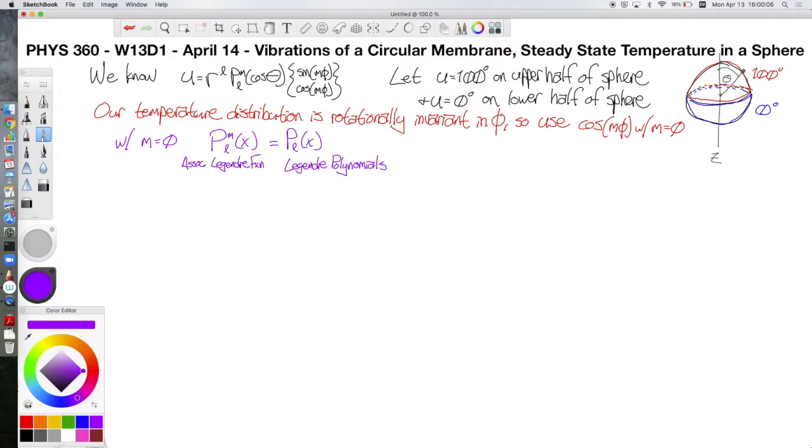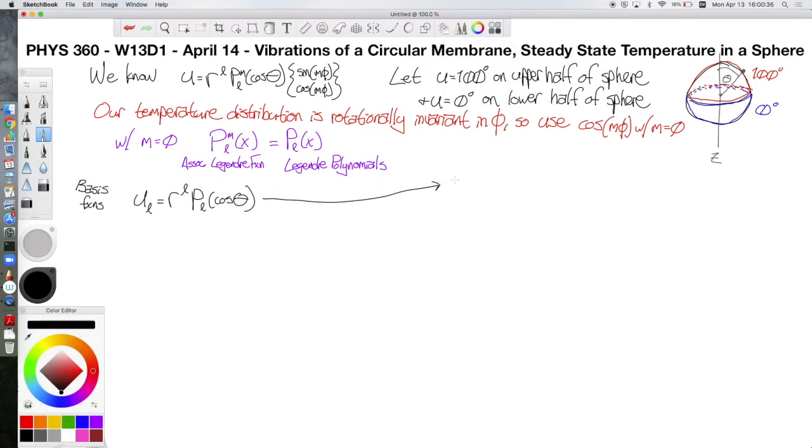So this gives us our basis functions that we can write as a linear combination to obtain our overall function. Our basis function u sub L is going to be equal to r to the L times P sub L of cosine of theta times cosine of 0 phi, which is just equal to 1, so we'll leave it off entirely.